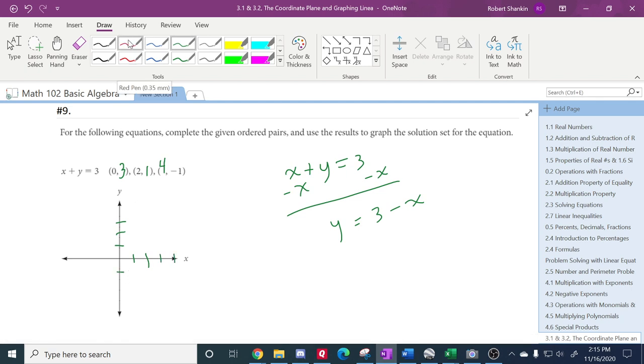Alright, so these points, 0, 3 is up here, 2, 1 is here, 4, negative 1 is here, and I connect these to graph the solution set. Now this has to do, remember the very first practice quiz question of the day was, how many points are there on a line?